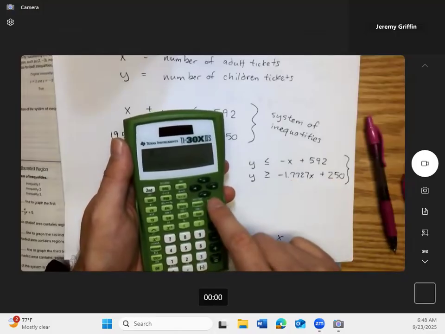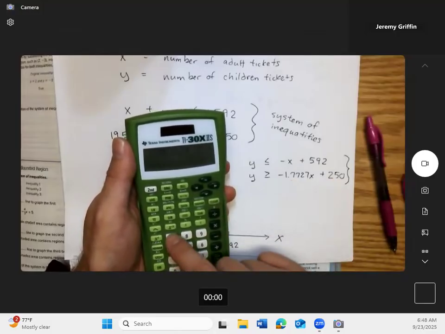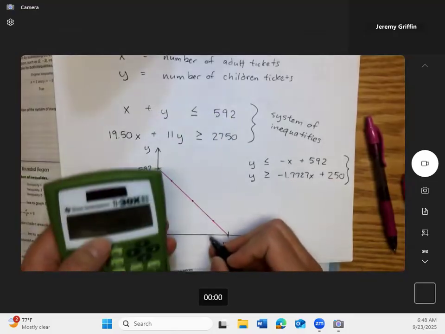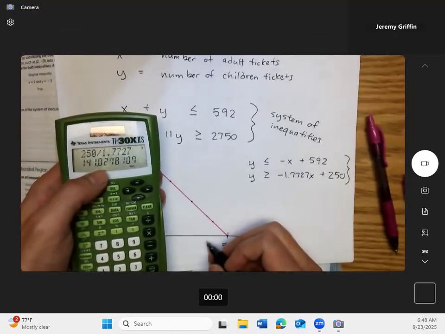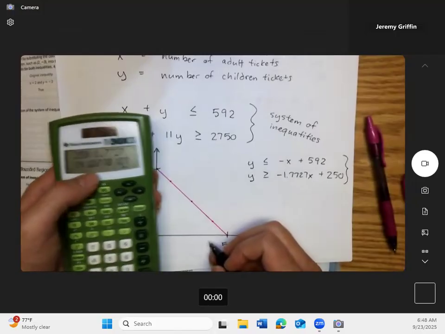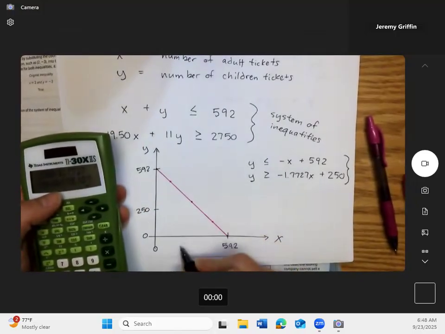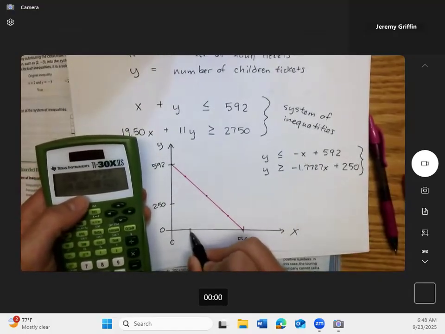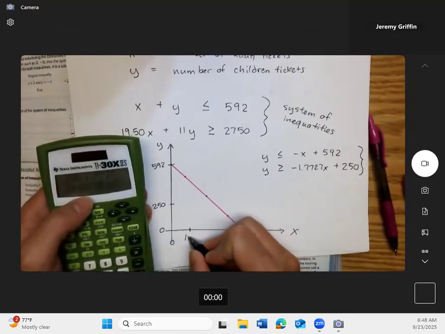So basically it's 250 divided by 1.7727. It comes out to 141.02. That's probably right about here, just kind of ballparking. I'm going to put 141.